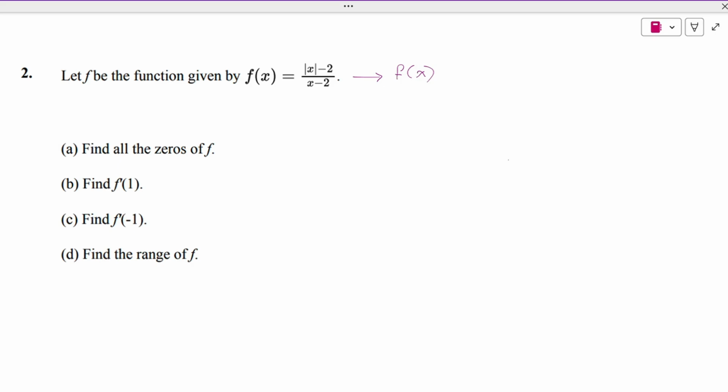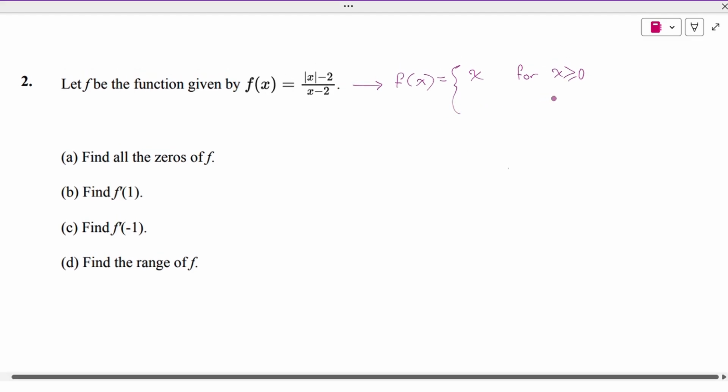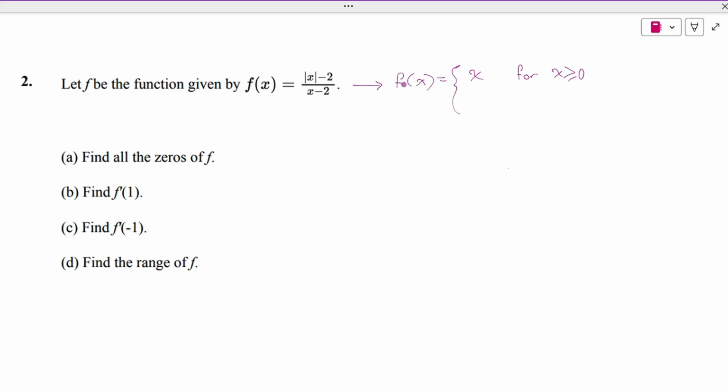So we know that the absolute value of x will be the same as x for x bigger than or equal to 0. Yani if x is 0, the absolute value of x will be the same as x. If x is positive, bigger than 0, the absolute value of x will be the same as x.